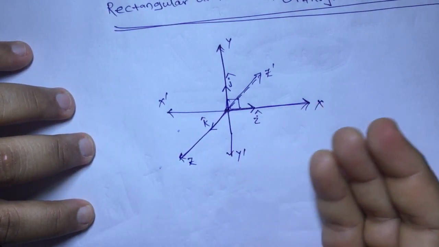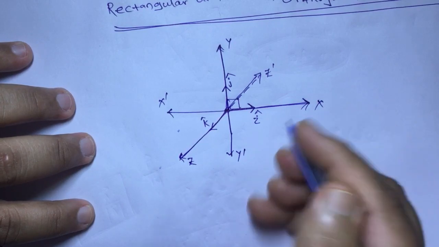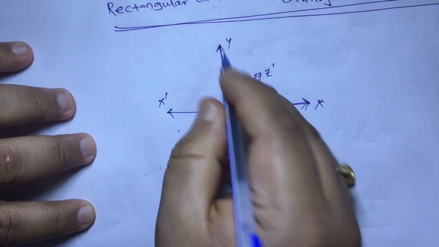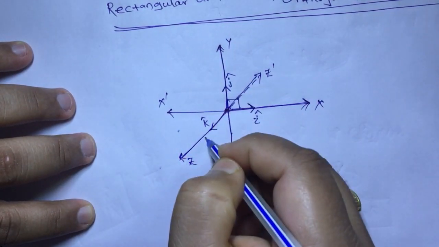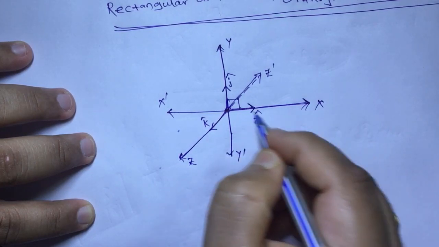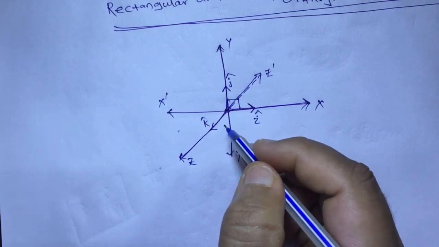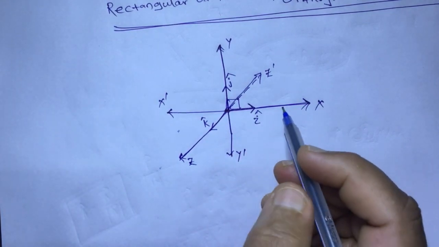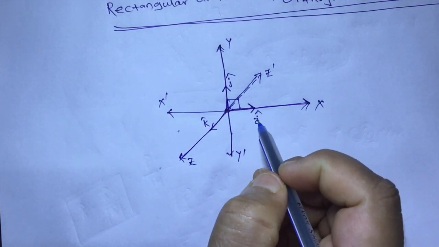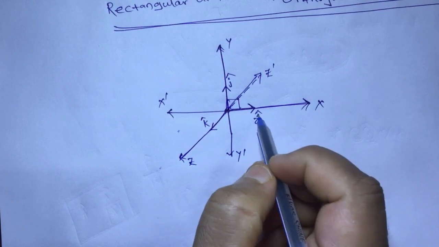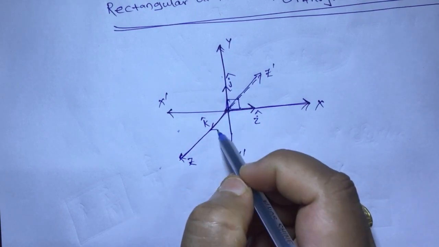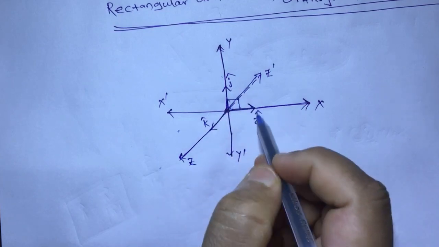In some books you may also find it written as x cap, y cap and z cap, along the x axis x cap, along the y axis y cap, along the z axis z cap. But in maximum books, they have written I cap, j cap and k cap, and we are going to use the same symbols.